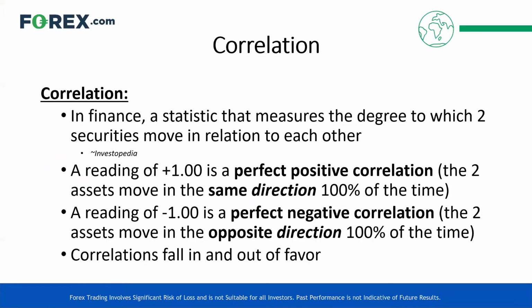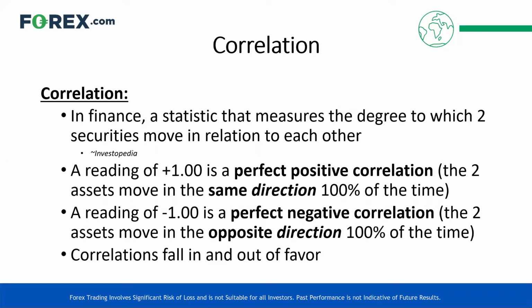So, correlations. In finance, it's a statistic that measures the degree to which two securities move in relation to each other. The important thing to look at when you're looking at correlations is we're looking for direction, not magnitude. If Bitcoin moves 10%, you may not see the S&P move 10%, but they may be moving in the same direction.